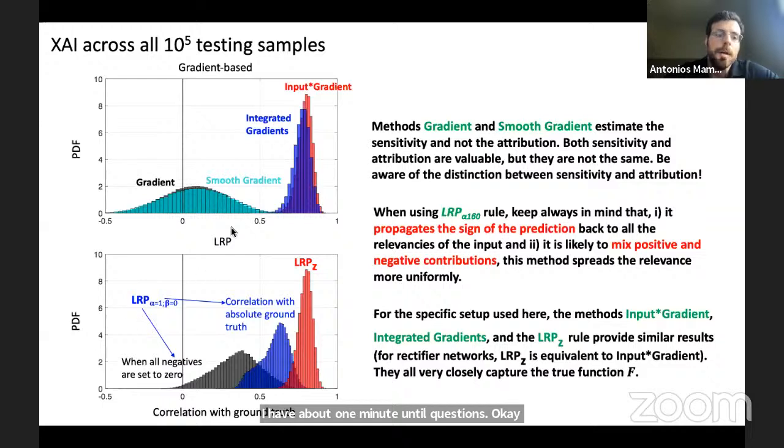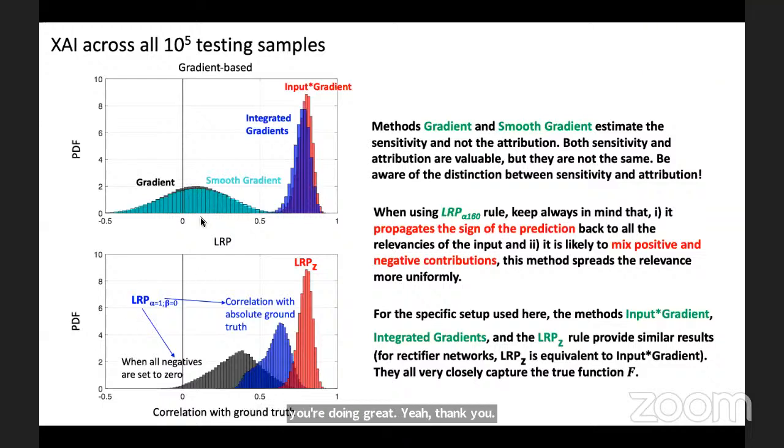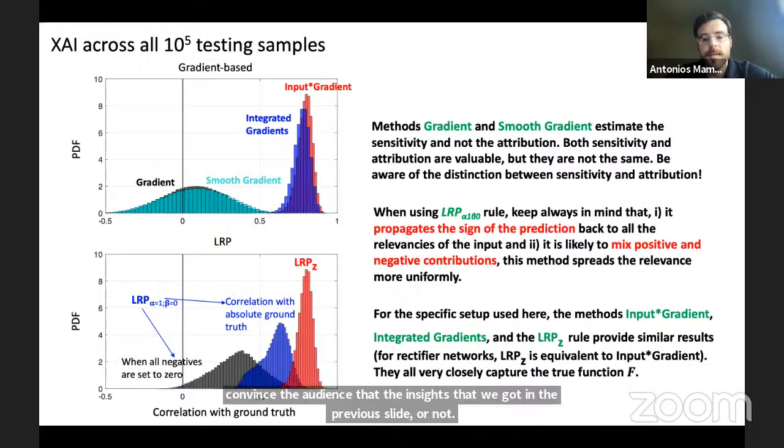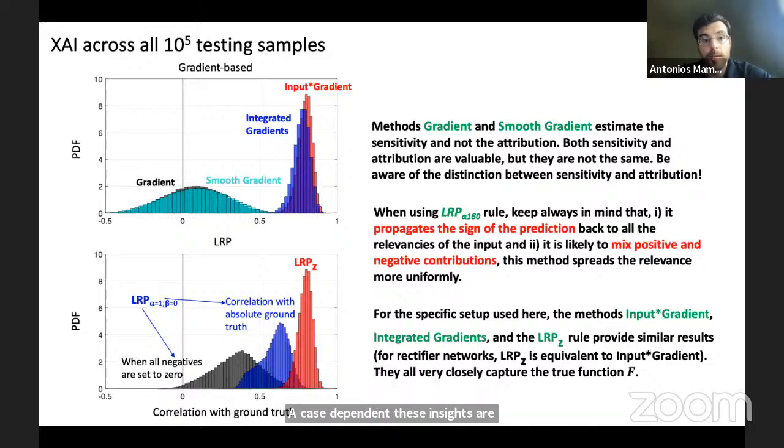Yeah, thank you, Libby. So in this slide, what I'm doing is essentially trying to convince the audience that the insights that we got in the previous slide are not case dependent. These insights are valid for the whole data set.